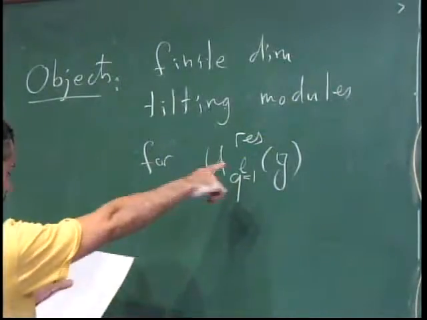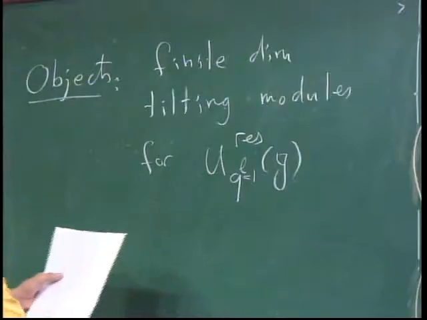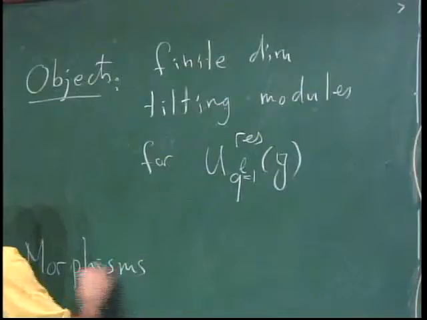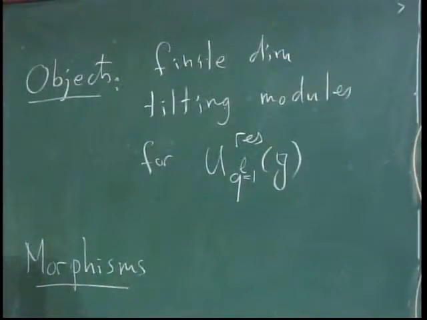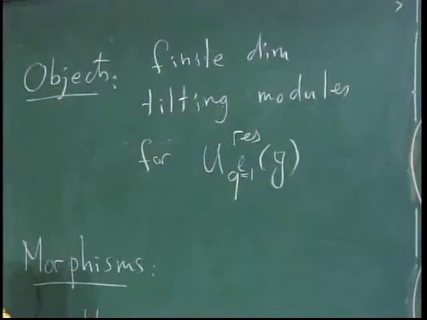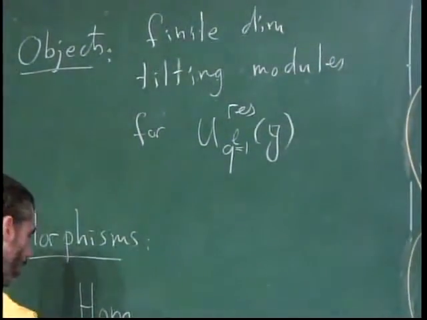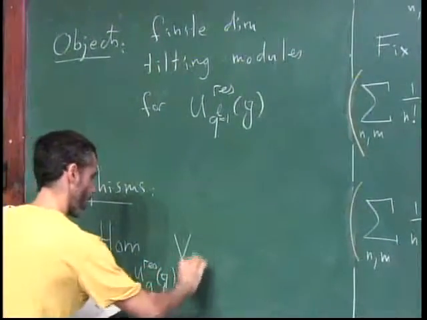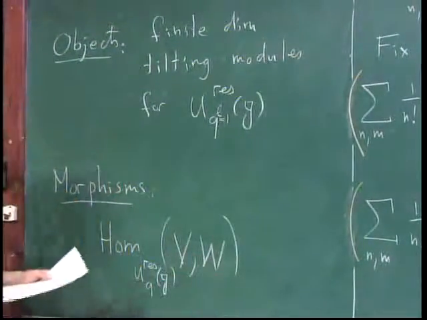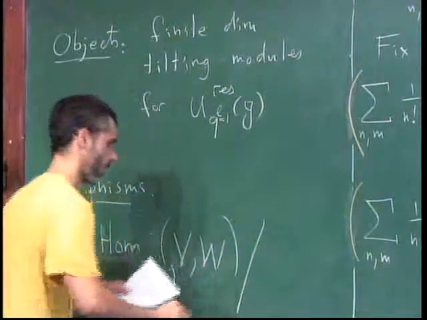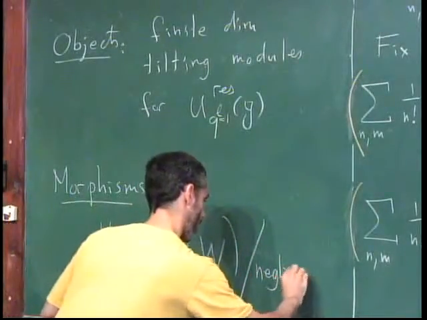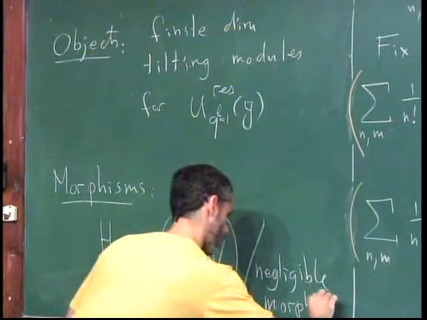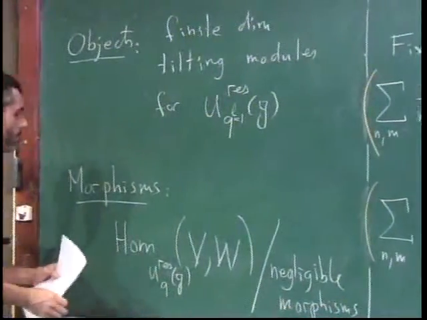where q is a root of unity, and the morphisms are given by Hom of U_q res G modules from V to W modulo negligible morphisms.